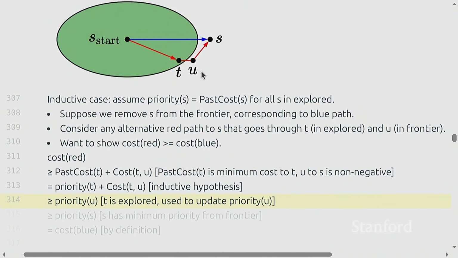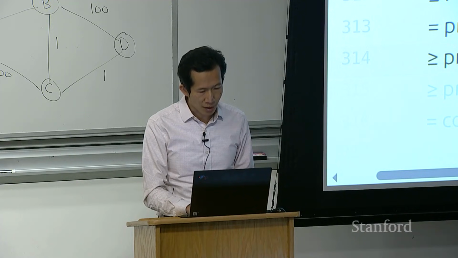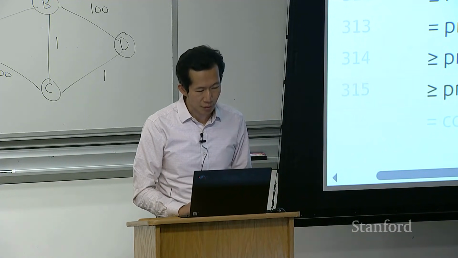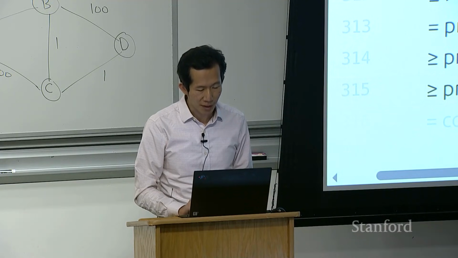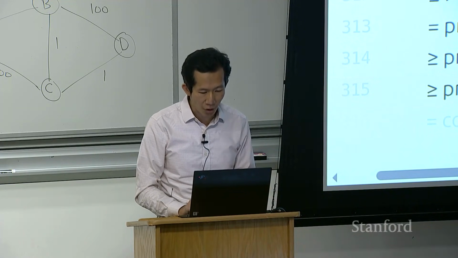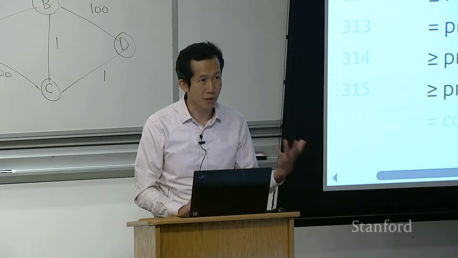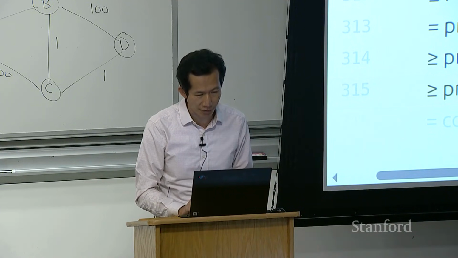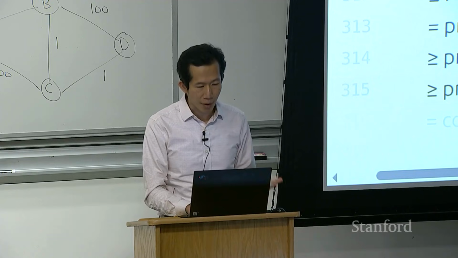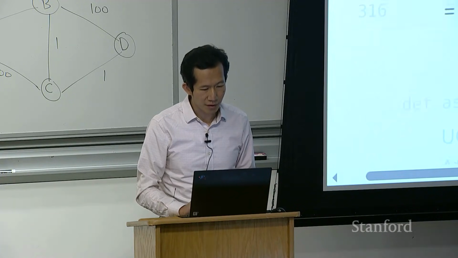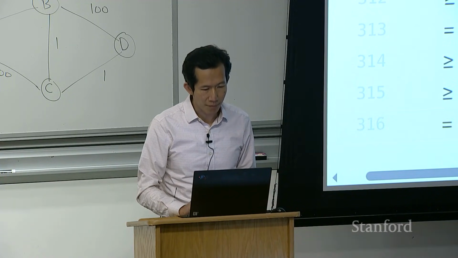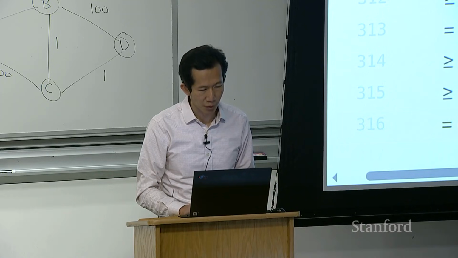Okay, all right, so priority of U is larger than or equal to priority of S, because I chose S over U to take from the frontier. I always choose the smallest priority from the frontier. And then the priority of S is, by definition, the cost of the blue path.